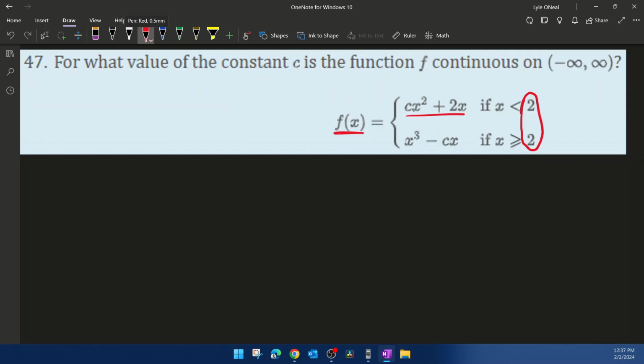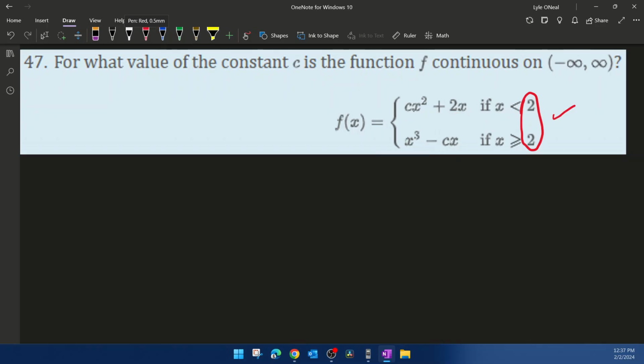The first piece and the second piece of this piecewise function are polynomial, so we know that those pieces are guaranteed to be continuous on their domain. We are concerned with the transition point, okay?